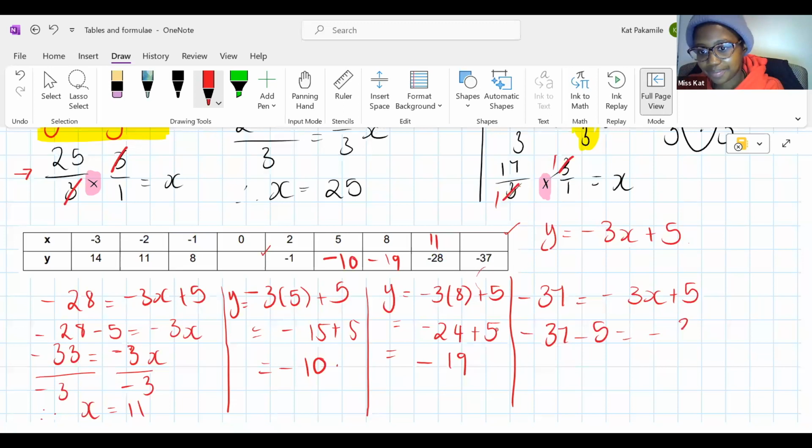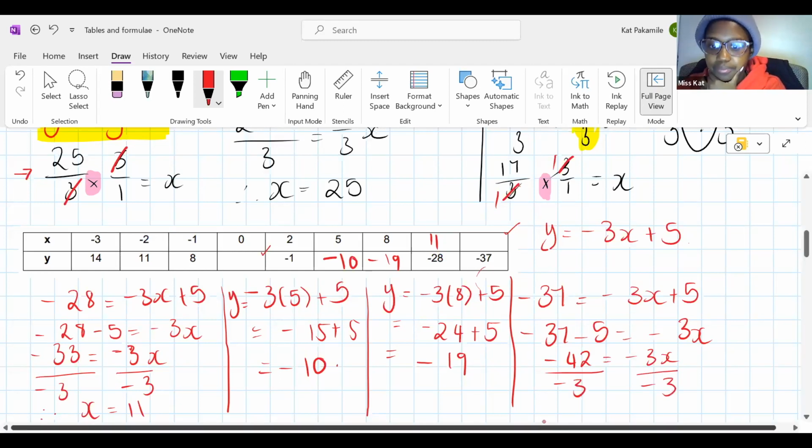And then I subtracted -37 minus 5 and I got -42. So I then divided the -42 by -3, and on the other side I divided it by -3. Then my x is 14. Beautiful, Mamela. That was beautiful. Thank you, ma'am.